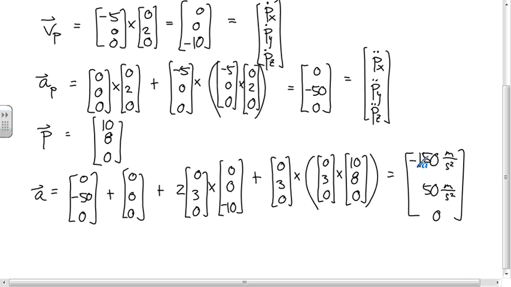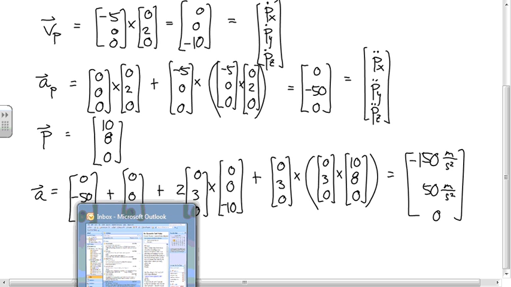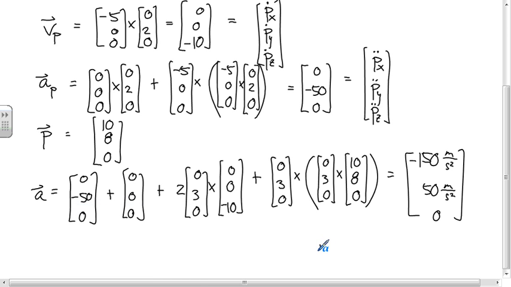And now this is a value that you could use in Newton's laws. Whereas this observed acceleration, you can't use in Newton's second law because it represents a non-inertial coordinate system. But if at point P we had a person with a known mass and wanted to figure out the forces on the person, this is one we could plug into Newton's second law and calculate forces with.